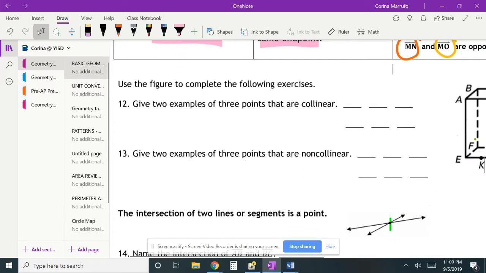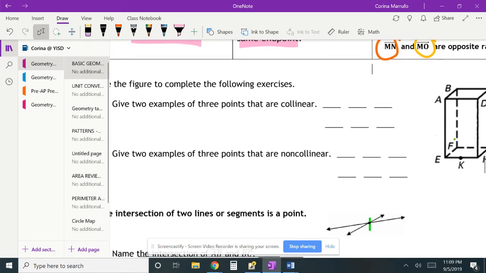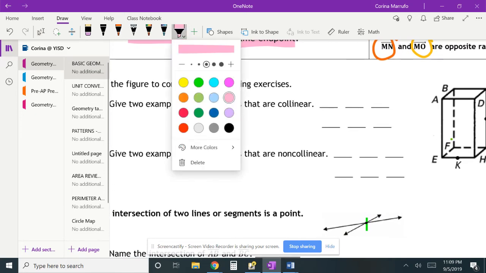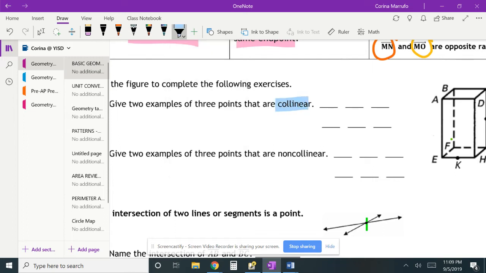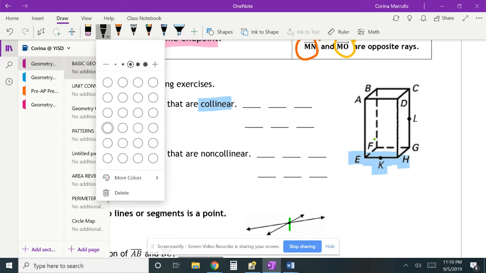So here it says, use a figure to complete the exercises. Give 2 examples of 3 points that are collinear. So we're looking for collinear. That means 3 points that lie on the same line. So if I look here, I have this line here that has 3 points. We have E, we have K, and we have H. They are all collinear.